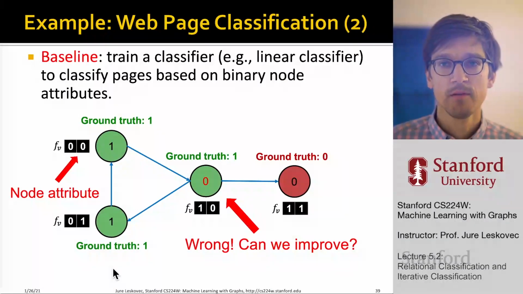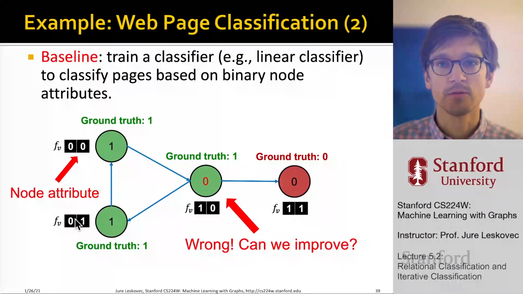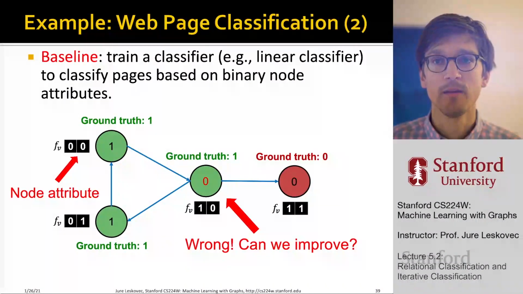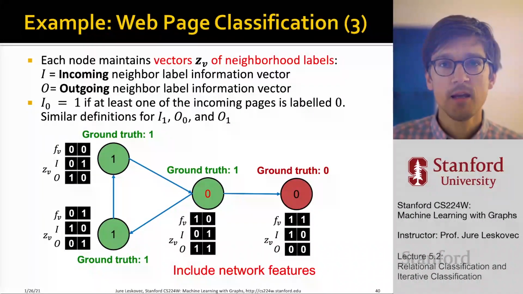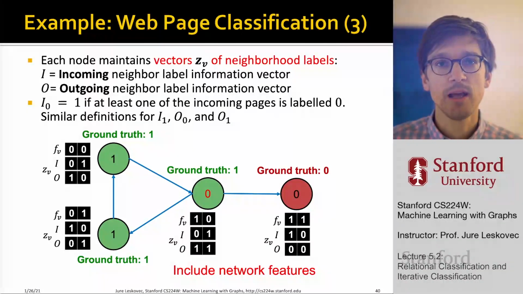So in the first phase, we came up with predictions of the labels based only on the features alone. So we applied the classifier phi1 from the previous slide. Now what we want to do next is create our label summary vectors z. For each node v, we are going to create this vector z that captures the neighborhood labels.